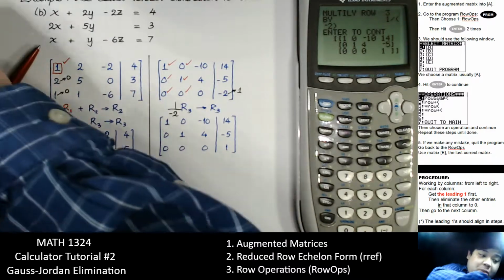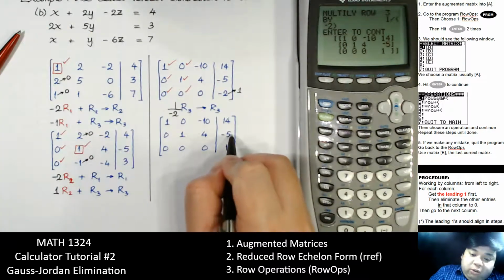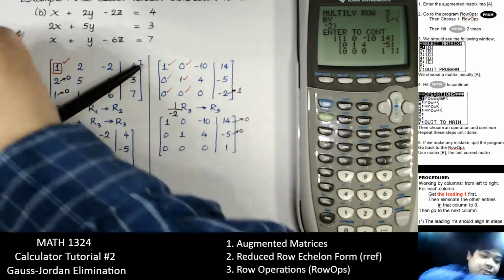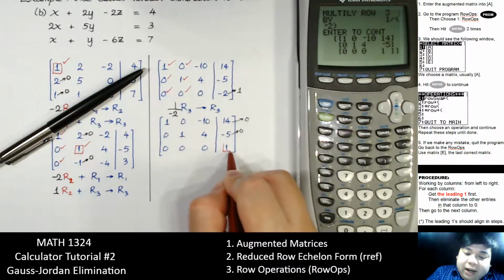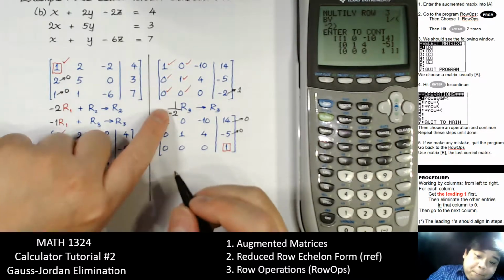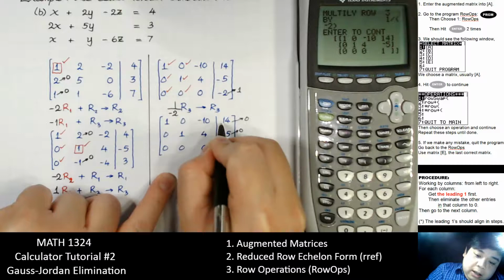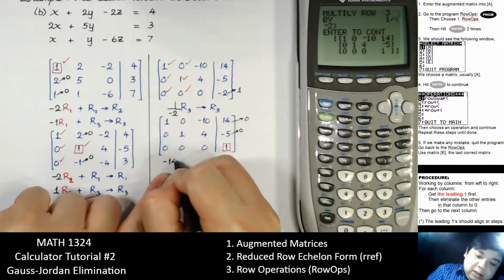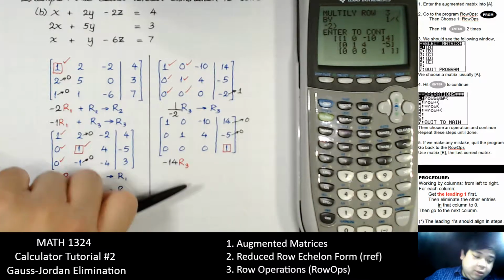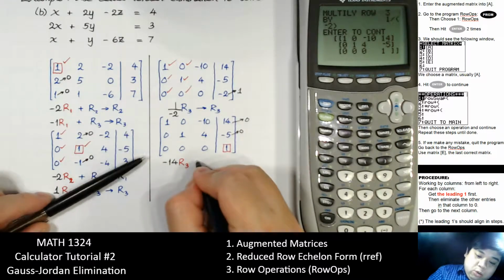But just to complete the reduced row echelon form, we'll turn this to a 0 and that to a 0, where the leading one is going to be here. So we do that. Opposite to that number times row 3, add and replace to row 1.